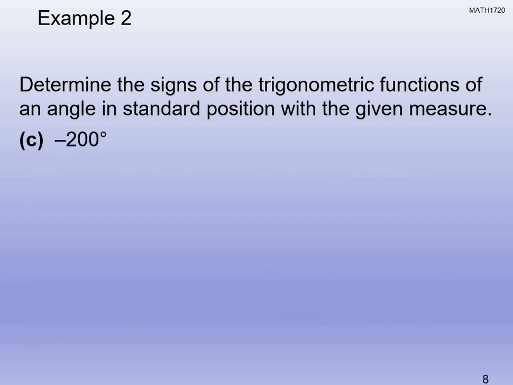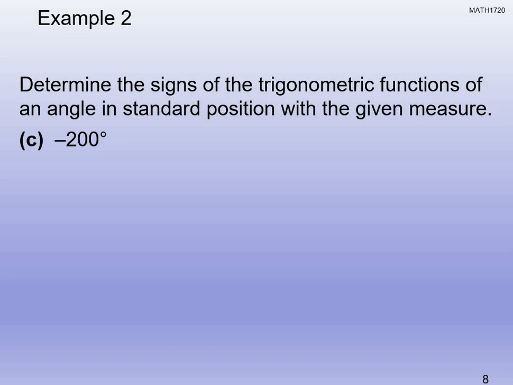All right, how about negative 200? Let's think about what quadrant that's in. Remember, we start at the x-axis and go clockwise. If we go negative halfway around, that's negative 180, so negative 200 is in the second quadrant.